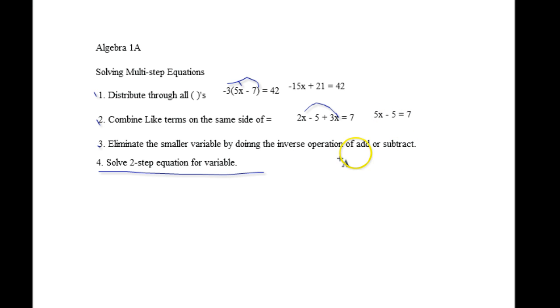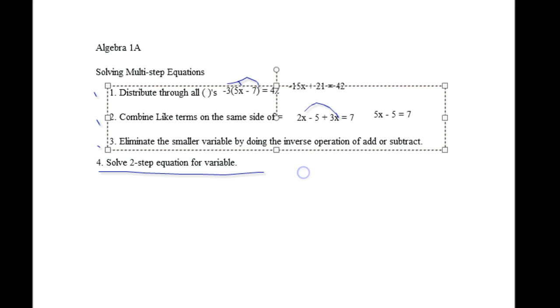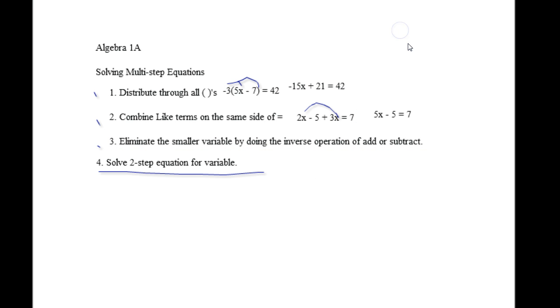Okay, eliminate the smaller variable by doing the inverse operation of add or subtract. Let me go back and fix the spelling on here because that's really ugly looking. So what kind of example am I talking about with that? Let's say I had 3x minus 9 equals 4x plus 5.